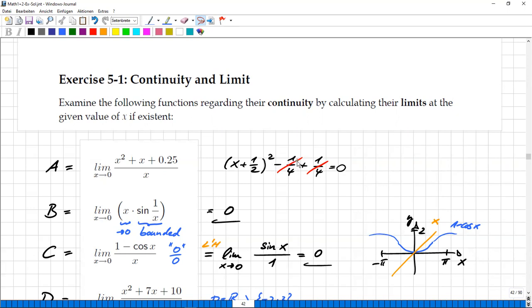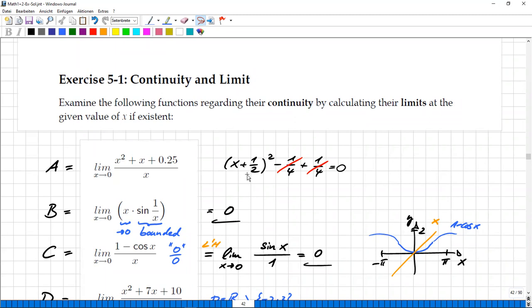This is what I did here, so please don't be confused by the fact that I wrote down -1/4 and then +1/4 and then crossed it out. This is just the method of completing the square. You might also see it with blank eyes. What it means is that this function actually has a double zero at x equals -1/2.